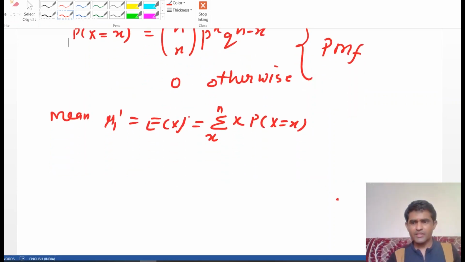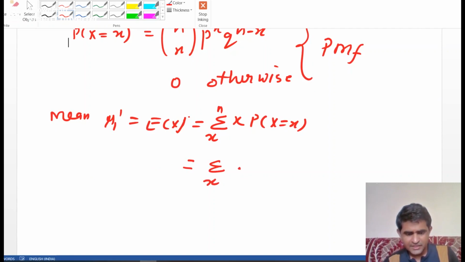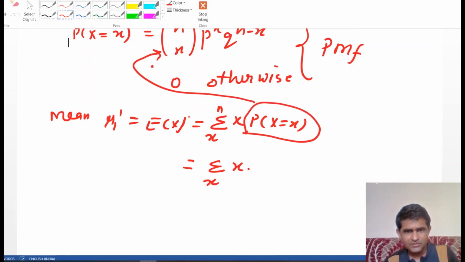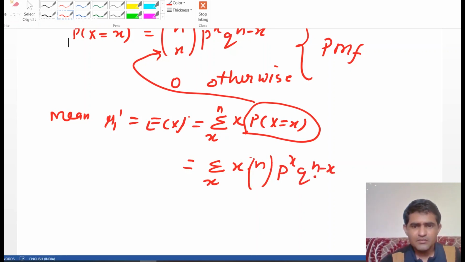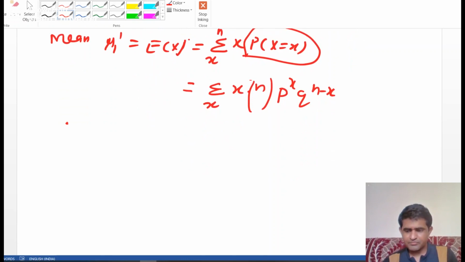To find the moment, we have the probability mass function like this: summation of x into the probability mass function, n choose x, p to the power x, q to the power n minus x. Now first, how to solve this?